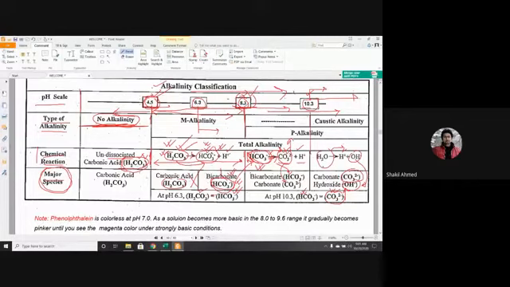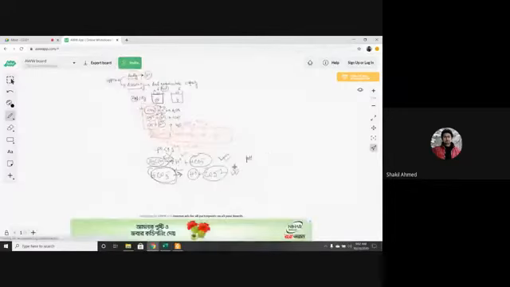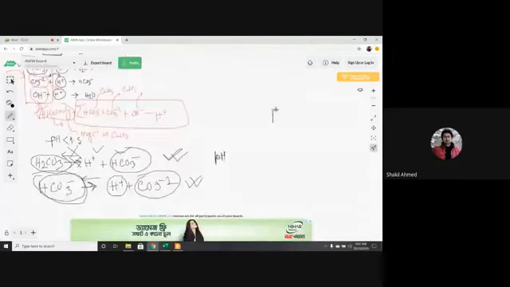At 8.3, this starts dissociating to give carbonate ion and hydrogen ion. So 4.5 and 8.3. Now at 6.3 they are equal, and at 10.3 they are equal. That's it. So the summary is pH.